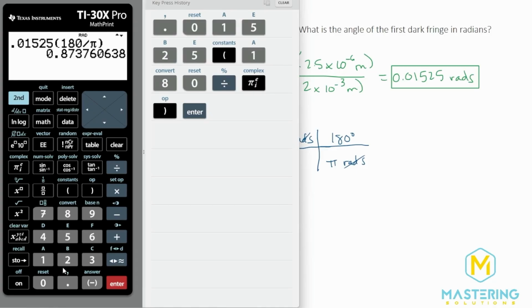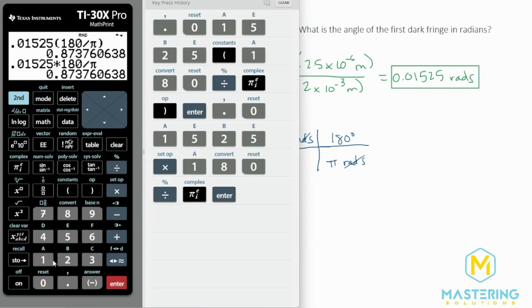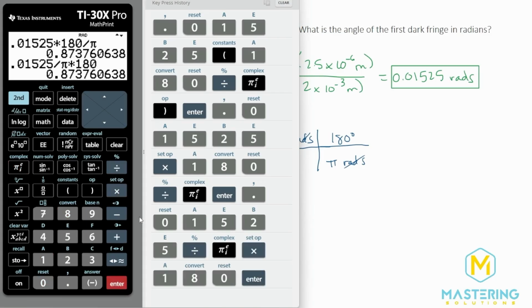You can also do it like this, times 180 divided by pi, and you can also do it this way, 0.01525, because multiplication and division are associative, meaning that we can change the order on these and it's going to give us the exact same answer every time.